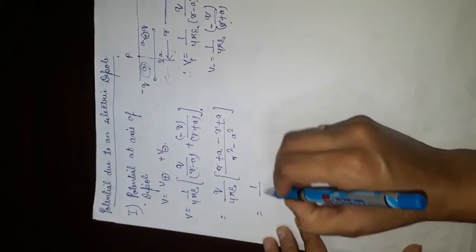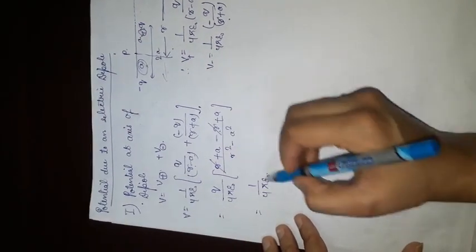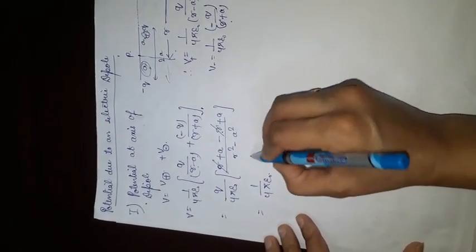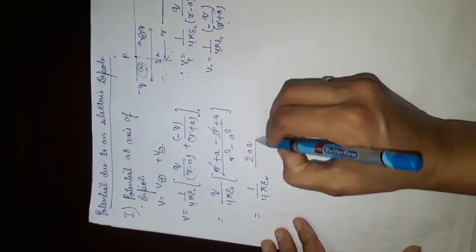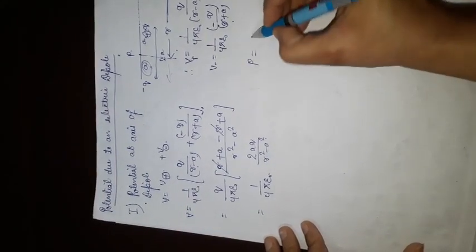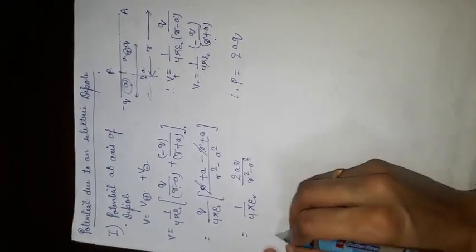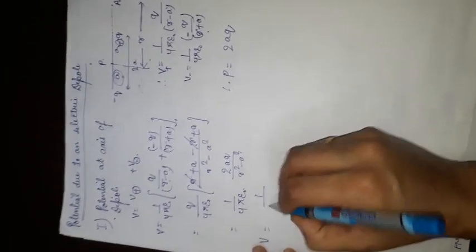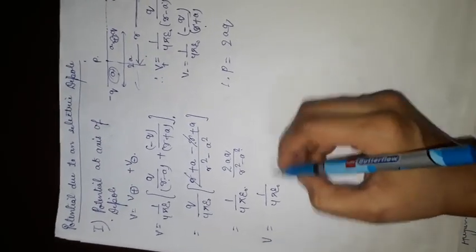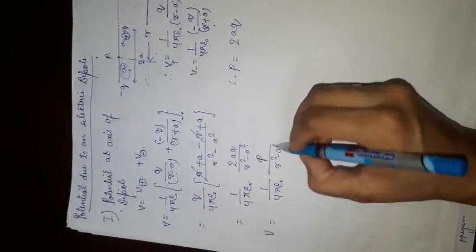So 1 over 4 pi epsilon naught, it will cancel out, A plus A is 2A, so 2AQ over R square minus A square. Dipole moment P is equal to 2AQ, so V will be 1 over 4 pi epsilon naught P over R square minus A square.